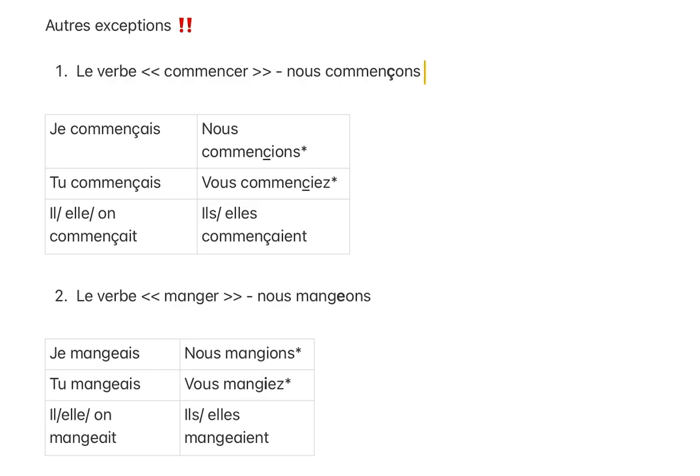That is, we take the nous form of the verb commencer, so we get nous commençons, and the conjugation of the verb using the imperfect tense in French, we get je commençais, tu commençais, il, elle, on commençait, nous commencions.